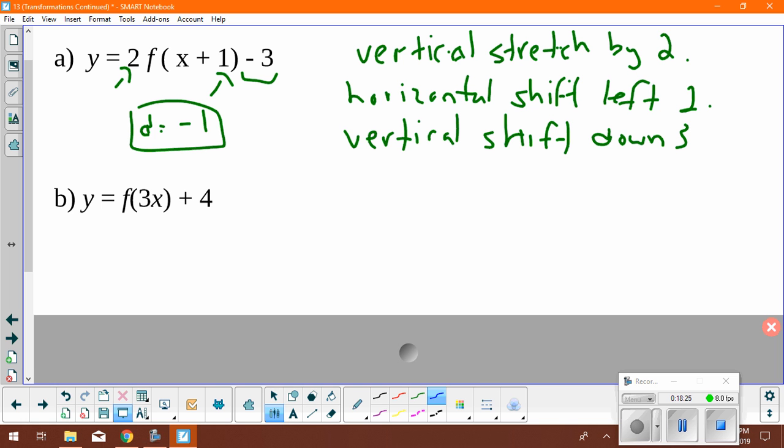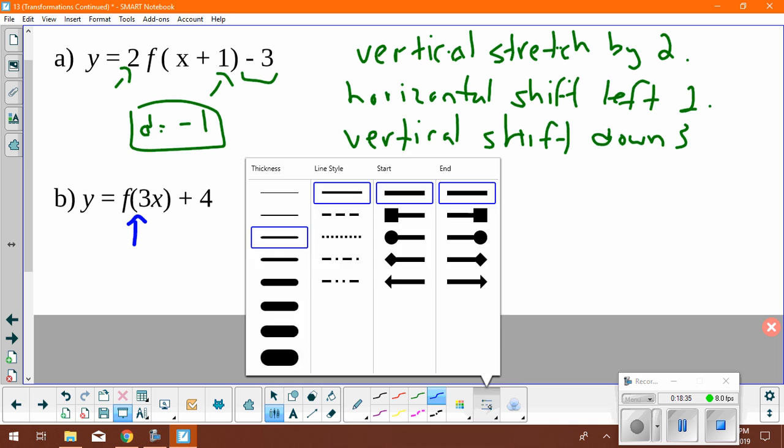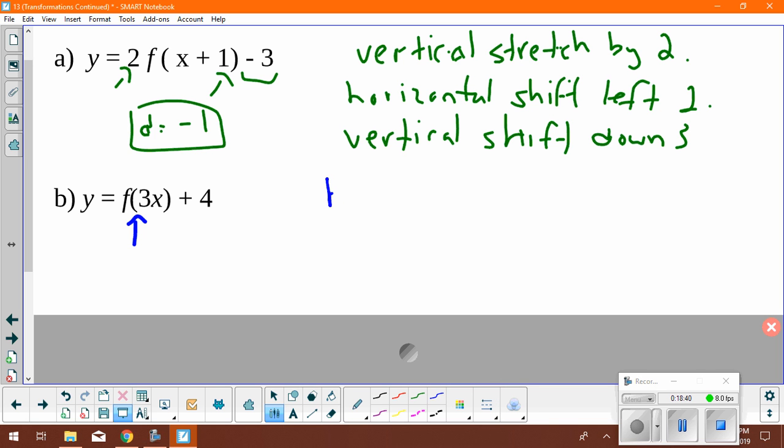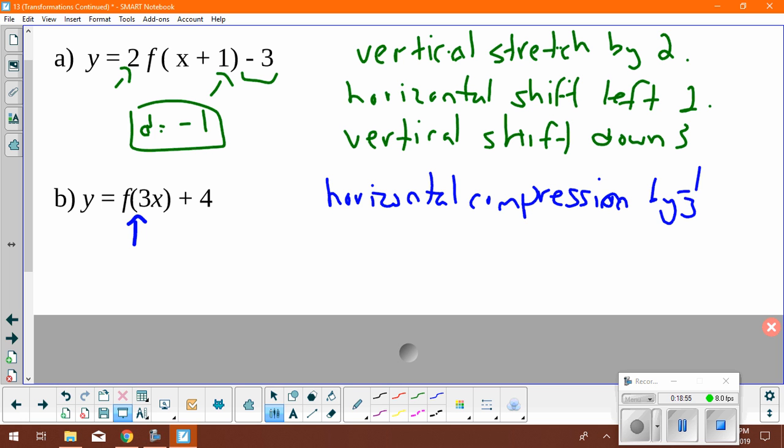So there's no a value that we can see. Inside there's my b value, which is 3. That's bigger than 1, so this is actually a compression. This is a horizontal compression by 1/3.